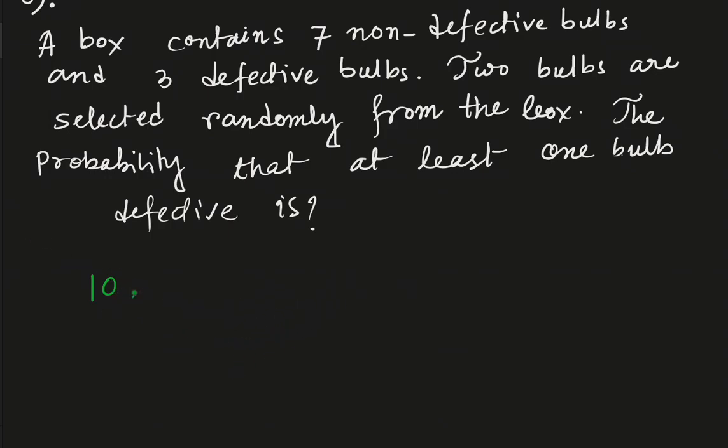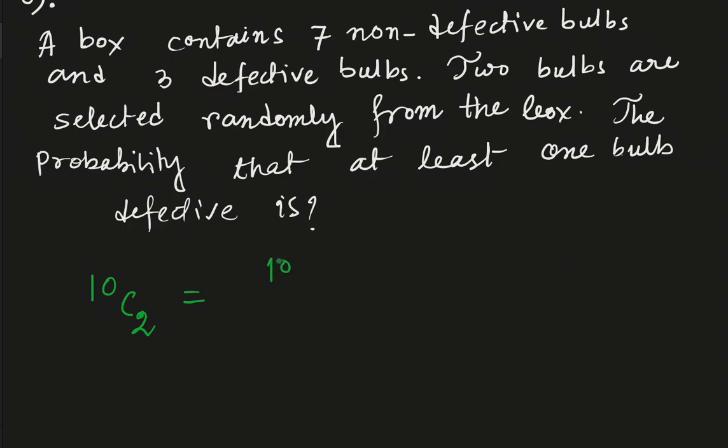So that is 10C2 ways. Now 10C2 ways you can choose the bulbs.